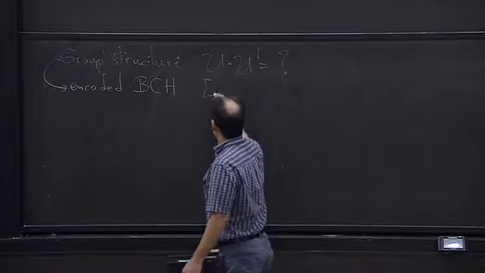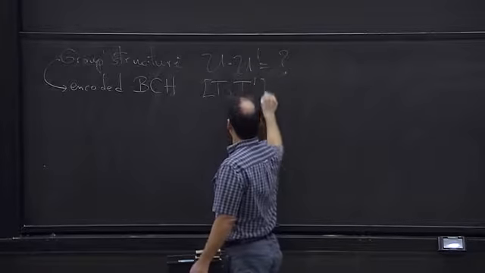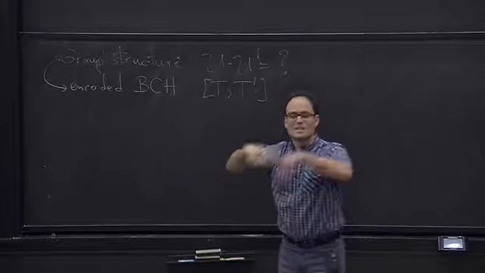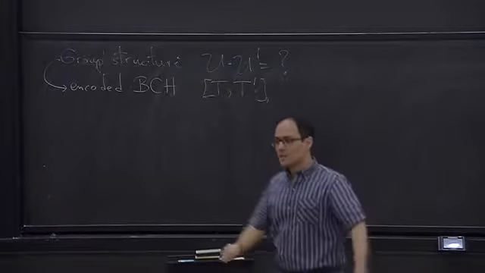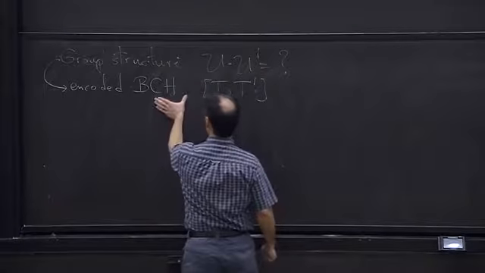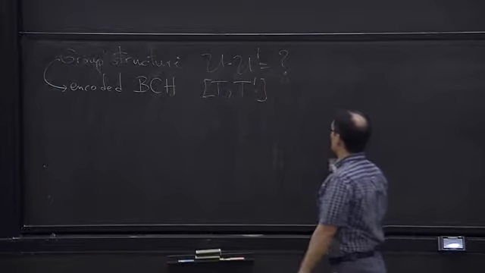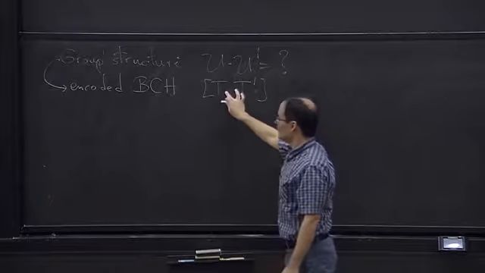Commutation relations between the two elements that define this and this, and all the nested ones. So all this information is encoded in these commutators. So instead of studying this, we can just study this.